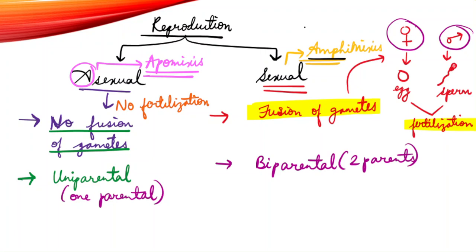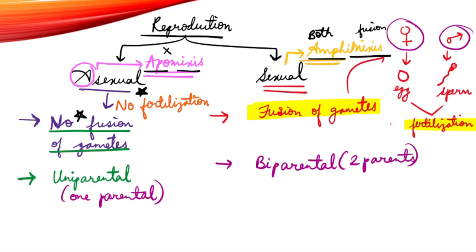Amphi means both, mixis means fusion. Here in apomixis there is no fusion. I wrote it here: no fusion, no fertilization.